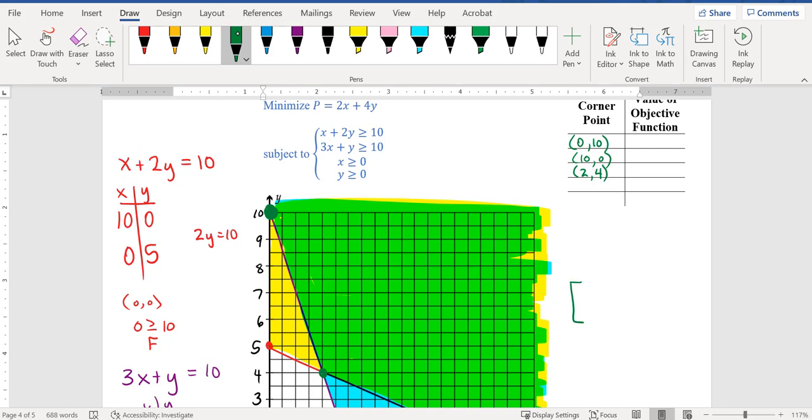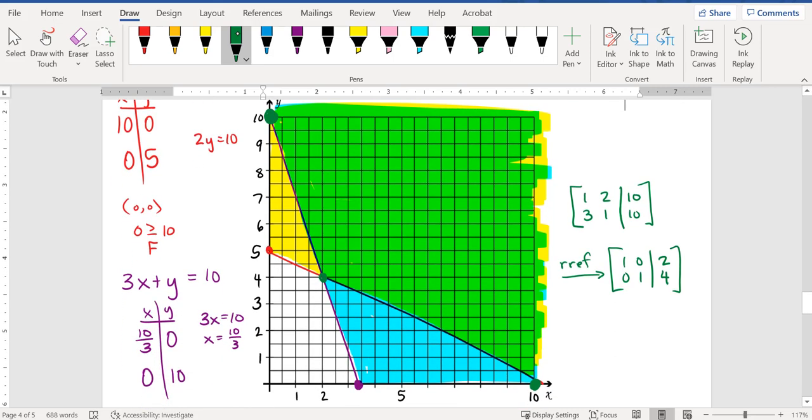You could also do 1, 2, 10, 3, 1, 10, and go RREF it on your calculator. And if you did, you would get 2, 4. All right, we have 3 corner points.